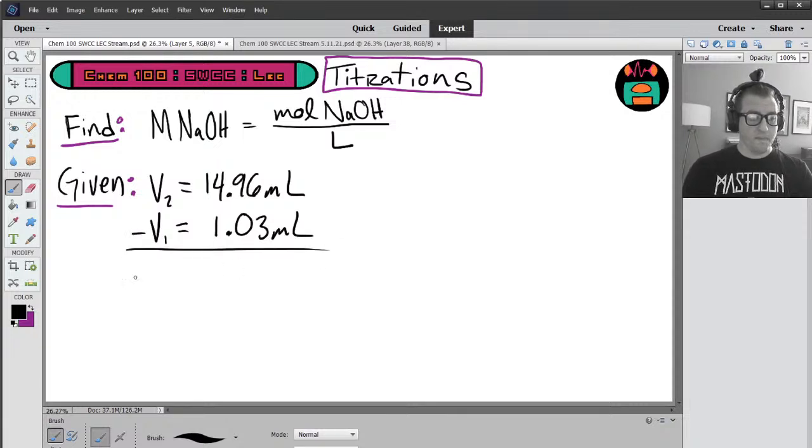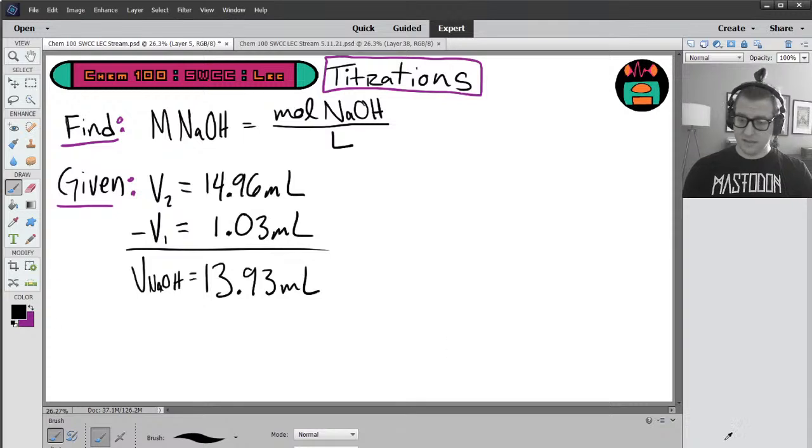So our volume of sodium hydroxide is going to be final minus initial, which comes out to be 13.93 milliliters. This is, right here, our denominator.